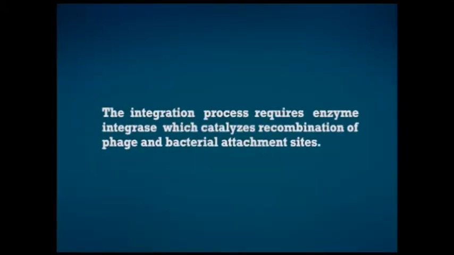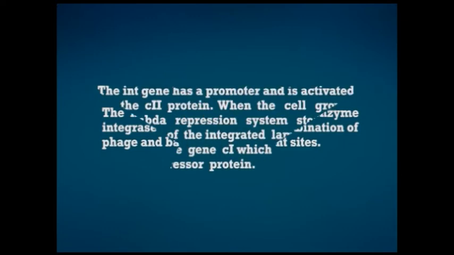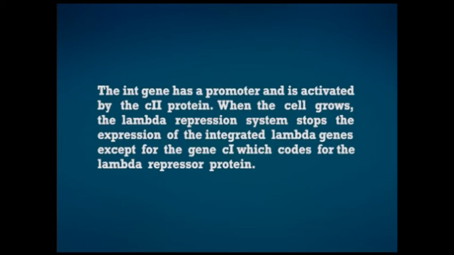The genes C1 and INT, INT being the gene that encodes the enzyme integrase, must be expressed to establish the lysogenic cycle. The integration process requires this enzyme integrase, which catalyzes the recombination of the phage and the bacterial attachment site. The INT gene has a promoter and is activated by the C2 protein.